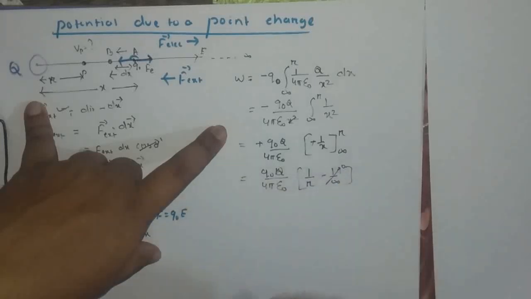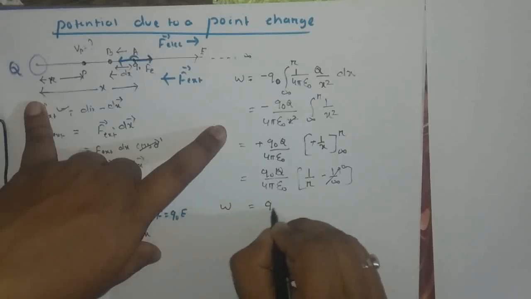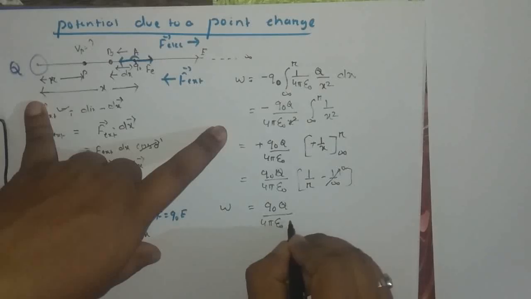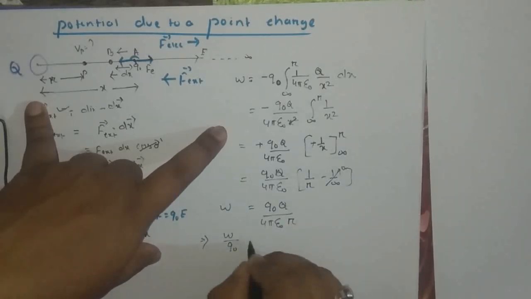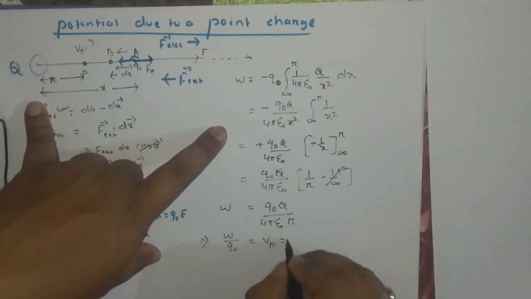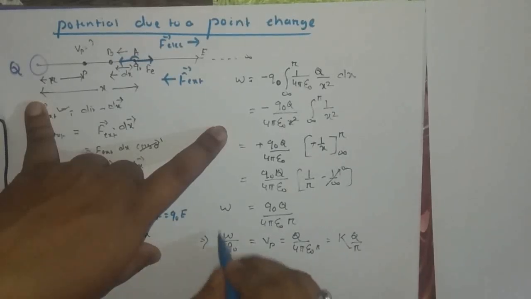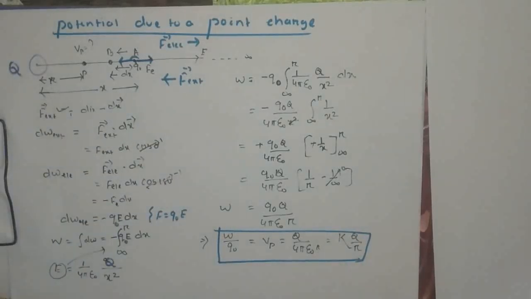As we know, 1 by infinity is 0, so 1 by R. So my work done is equal to Q naught Q by 4 pi epsilon naught R. If I want the work done per unit test charge, this is the potential at the point P, equal to Q by 4 pi epsilon naught R, or what I told, KQ by R. So this is my potential at a point, KQ by R.